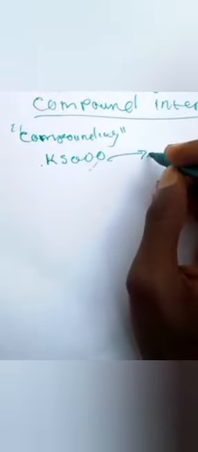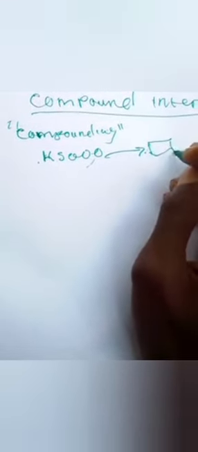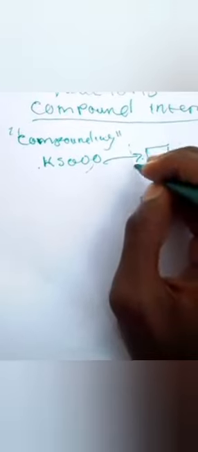So let's imagine I have 5,000 and I put it in my bank savings account. And then the bank tells me that this money that I've given them to keep for me will be increasing every year by 10%.